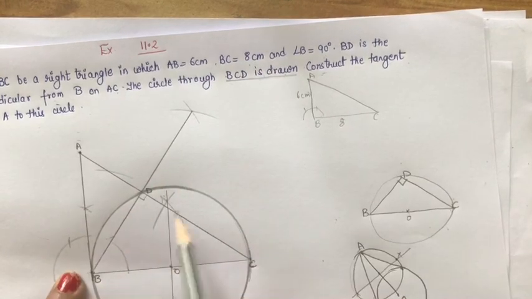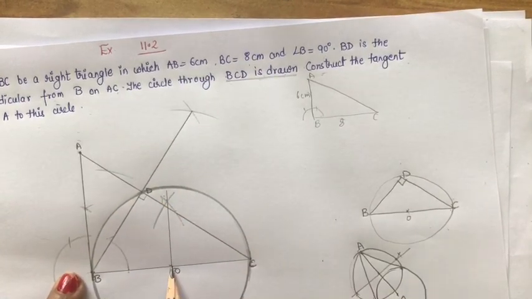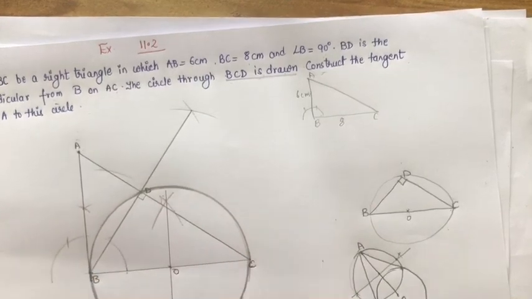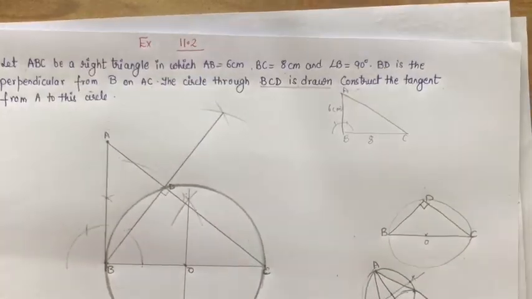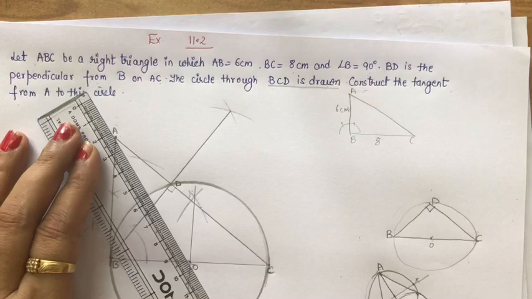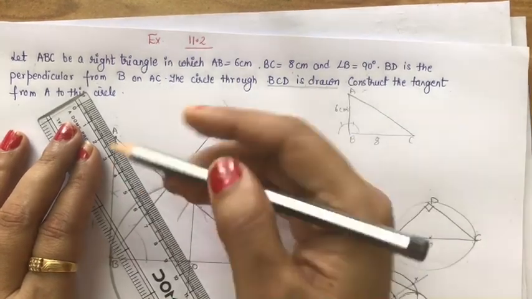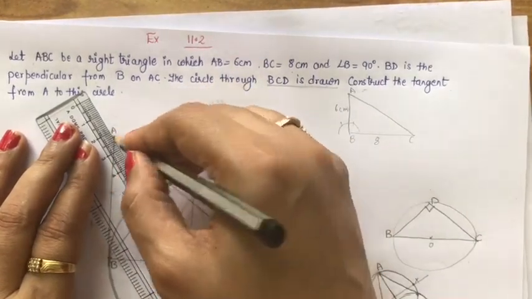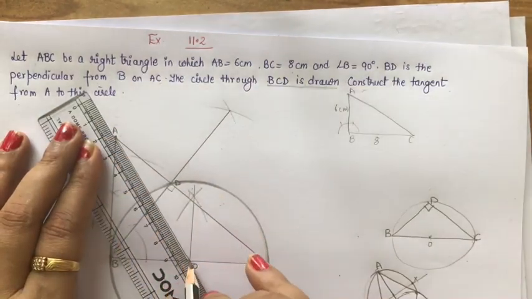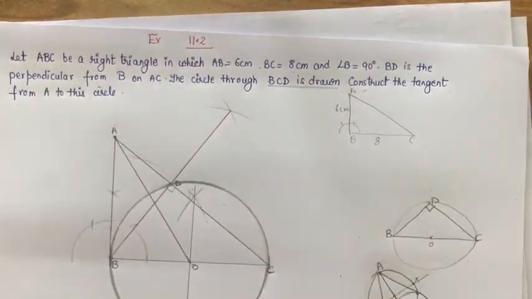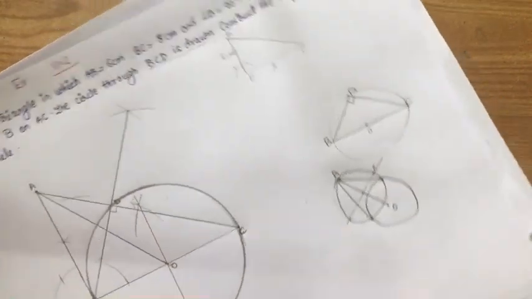Forget about everything. This is the circle, this is the center, and this is the point. So what are the steps? The steps are, first join OA and draw the perpendicular bisector of OA. So I am joining the point OA. Next step is to draw the perpendicular bisector of OA.